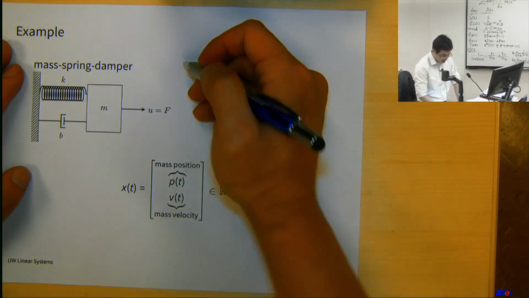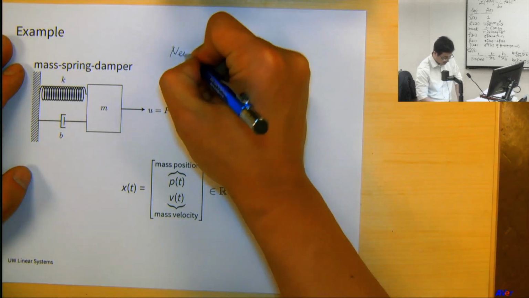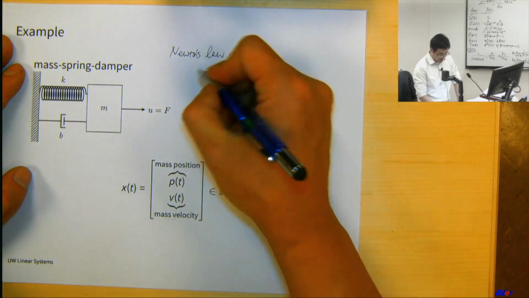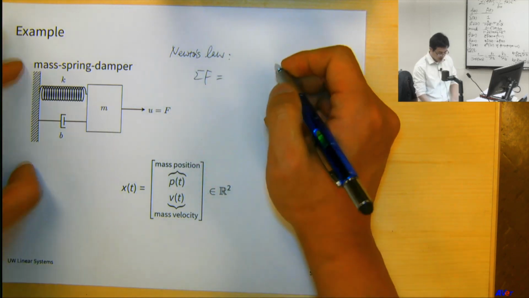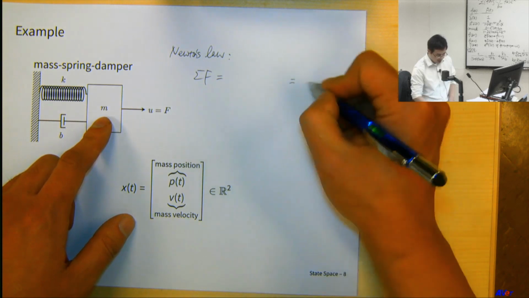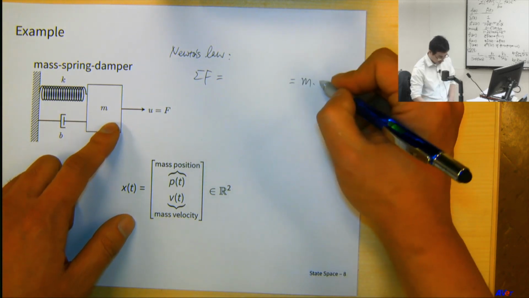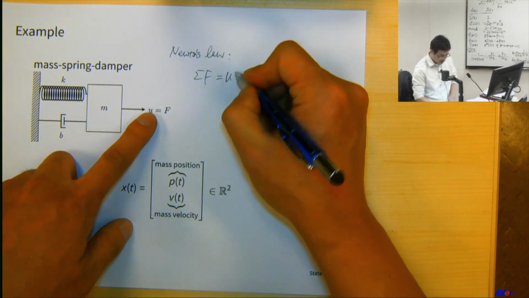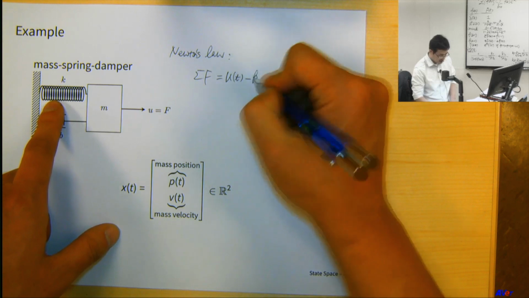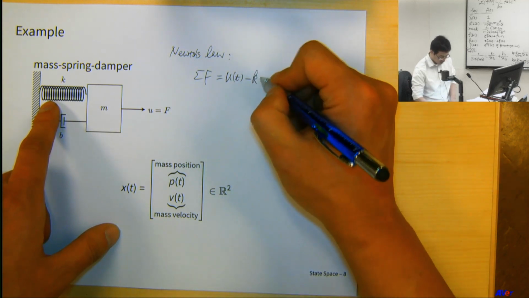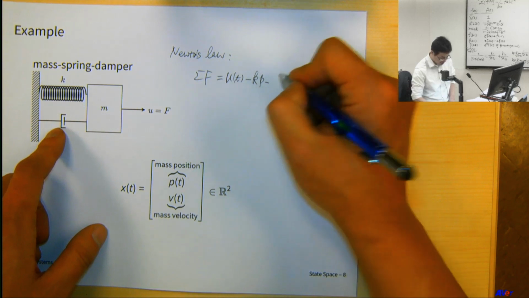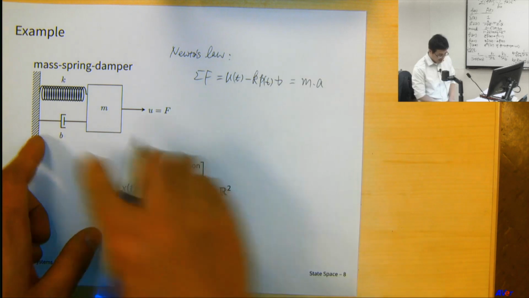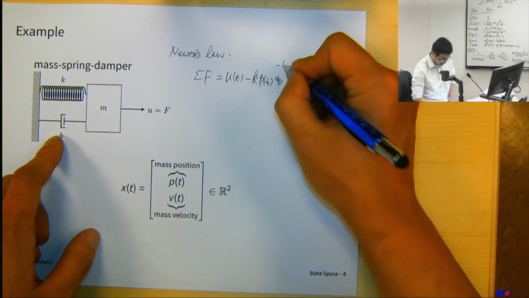We already talked about, from Newton's second law, the total force is going to be the acceleration times the mass. Easy enough. It's going to be input u, this force, minus k times the position, which is a function of t, minus b times the velocity from the damper.